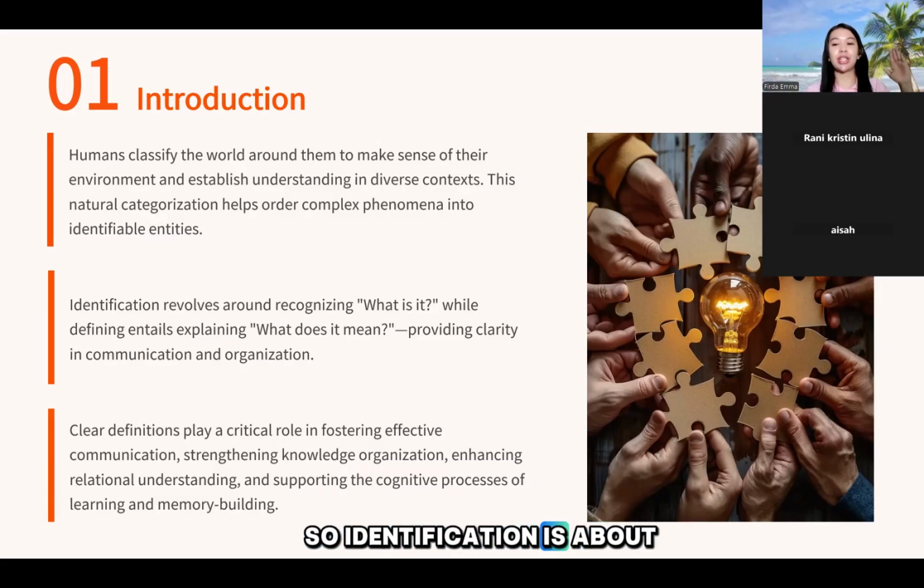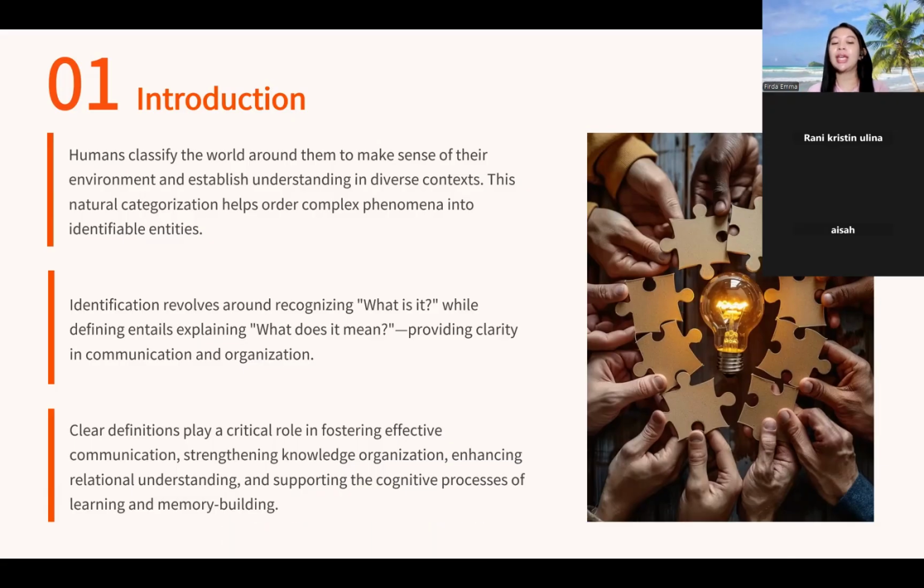So identification is about what it is, and defining is about what it means. They are two different concepts, but both of them provide clarity in communication and organizations. A clear definition plays a crucial role in fostering effective communication. It can enhance relational understanding and support cognition, learning, and memory building.